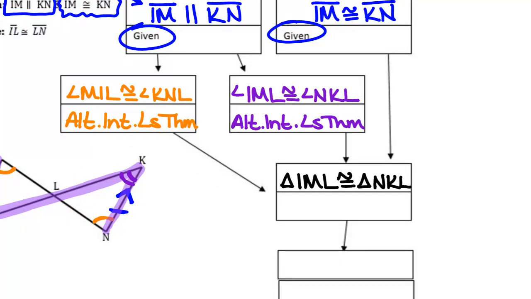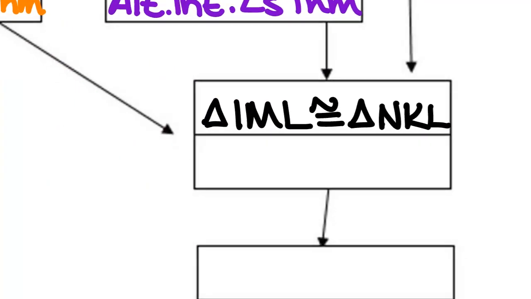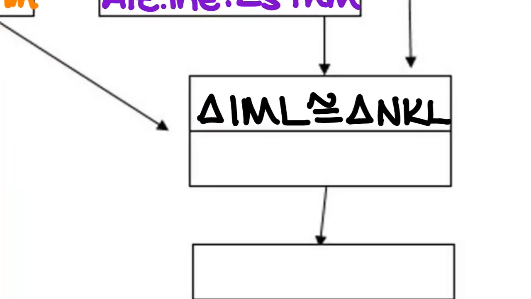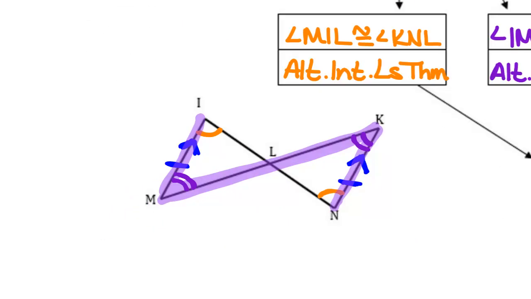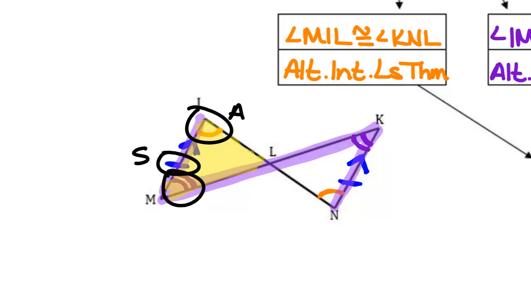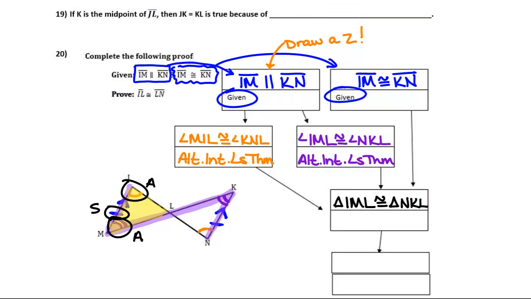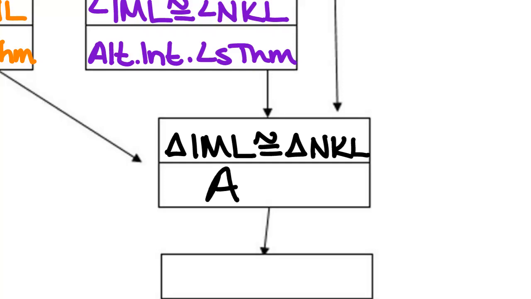Why would I be allowed to say that based on the way these triangles are marked up? Angle, side, angle. If you look at just one of the two triangles, we have an angle marked here, we have a side marked here, and we have another angle marked here. So angle, side, angle.